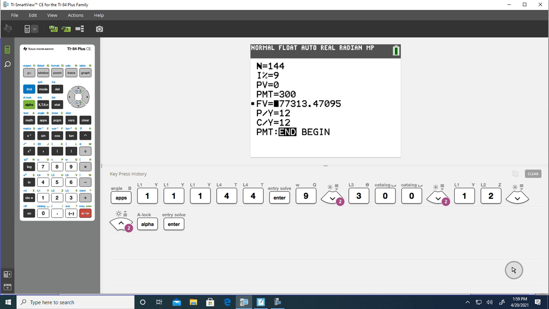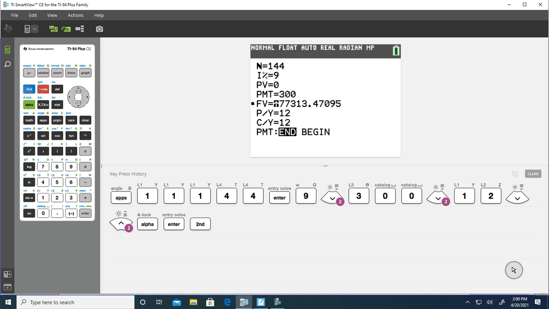Okay. So what you want to think about, and we talked about this yesterday, there's interest in here, agreed? That $77,313.47 is not all of the money you put in, agreed? So let's figure this out. We put how much per month in? 300 every month for 12 years. So 300 times 144.